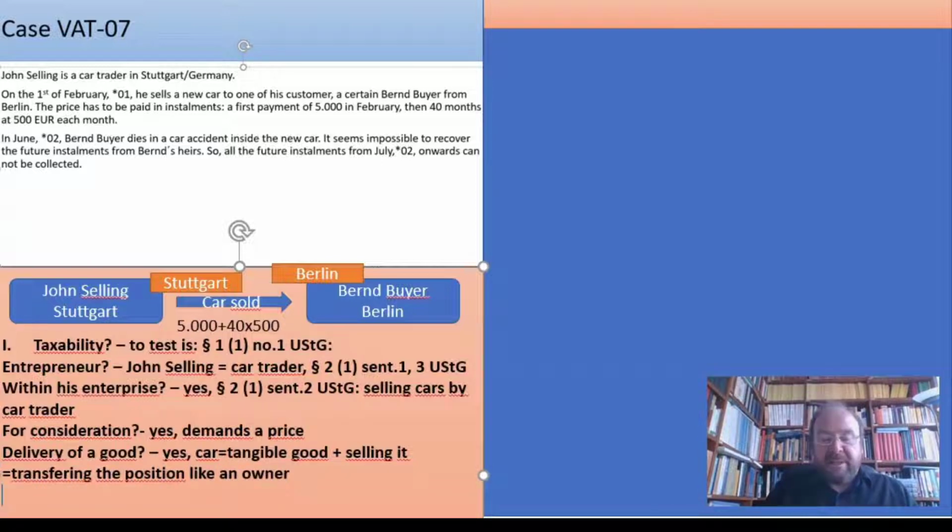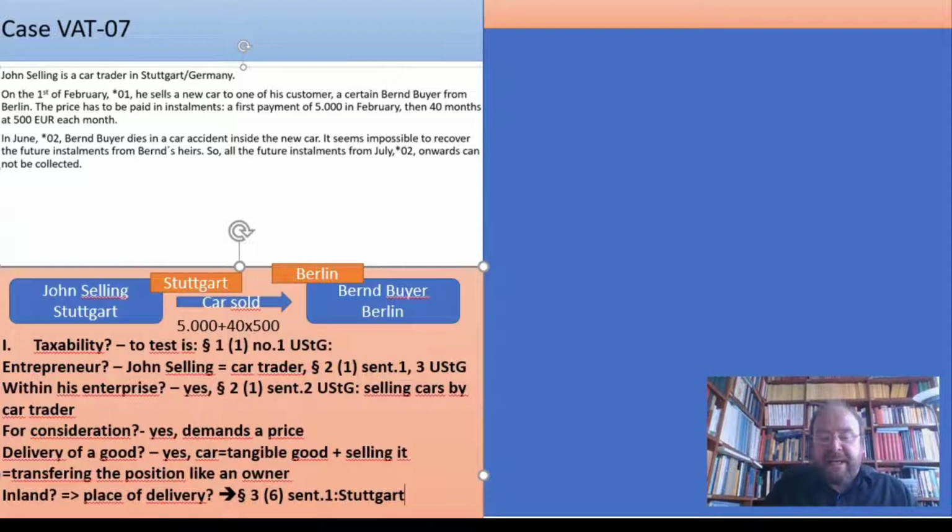Now, is it in the inland? For this we need the place of delivery. That is to be determined either by 3.6 or 3.7, depending on whether the good is moved during the transaction or not. And it is moved, so it's 3.6 sentence 1, where the movement of the good towards the customer begins, so in Stuttgart.